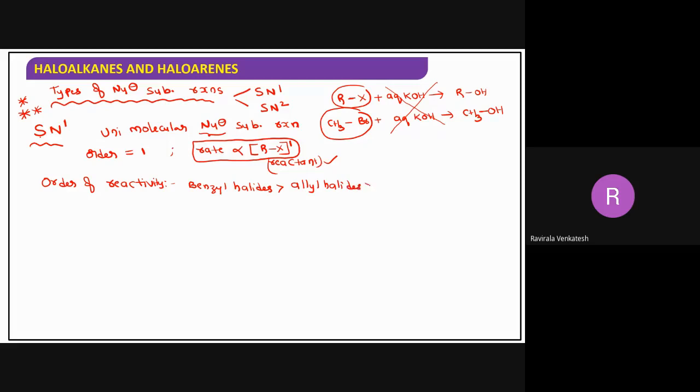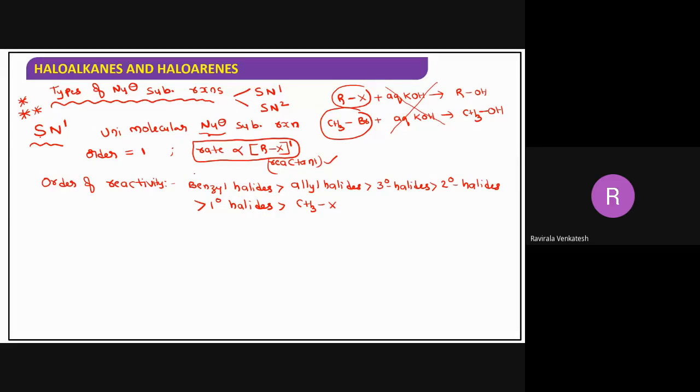Again, allyl halides are more reactive than tertiary halides, and tertiary halides are more reactive than secondary halides. Secondary halides are more reactive than primary halides, and primary halides are more reactive than methyl halide. This is the order of reactivity.